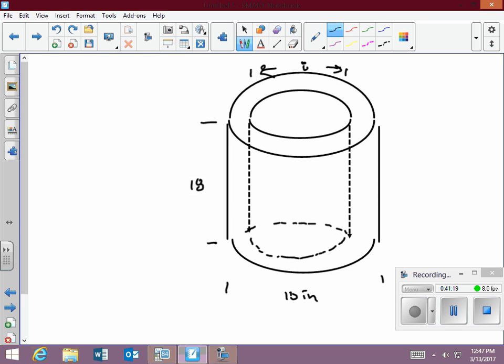So the total surface area has got to be the surface area of the outside cylinder plus the surface area of the inside cylinder plus 2 times the surface area of the ends.